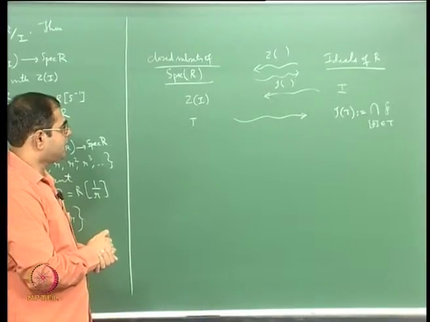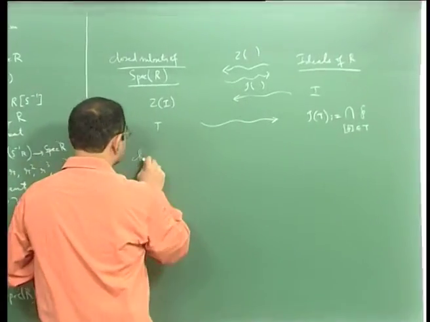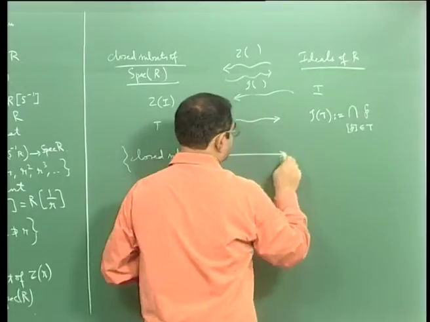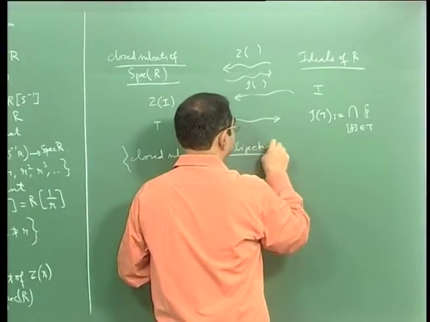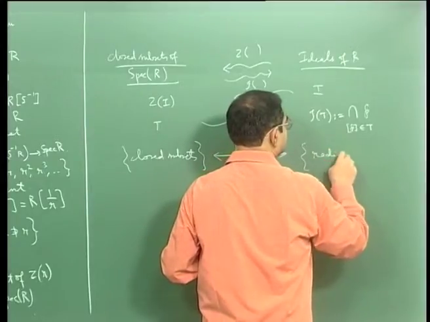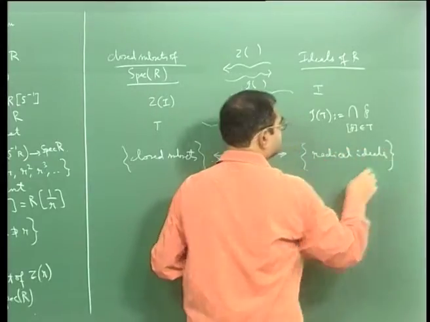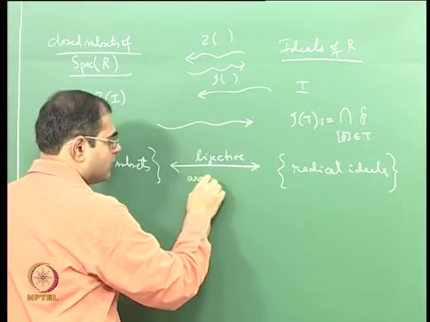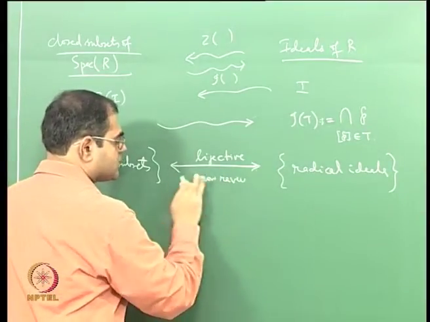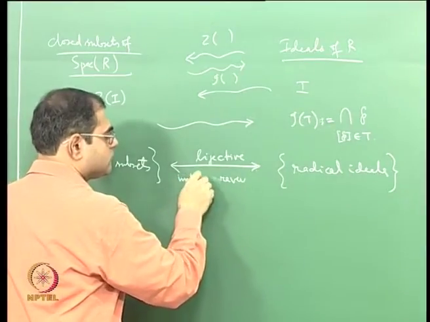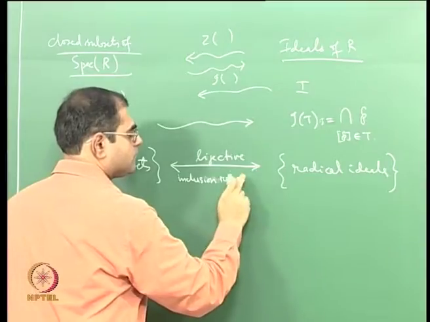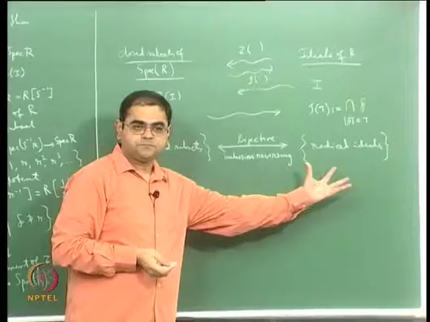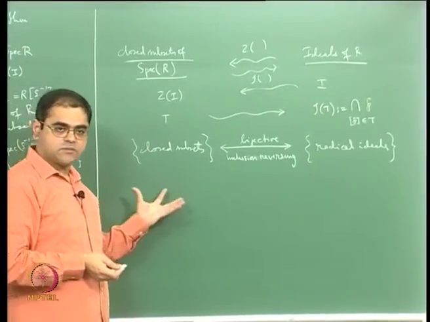And again you will see that if you take the set of closed subsets, there is a bijective correspondence with radical ideals on this side, that is ideals which are equal to their radical, and this will also be arrow reversing, sorry, this will be inclusion reversing, namely larger the ideal, smaller the closed subset, larger the closed subset, smaller the ideal.